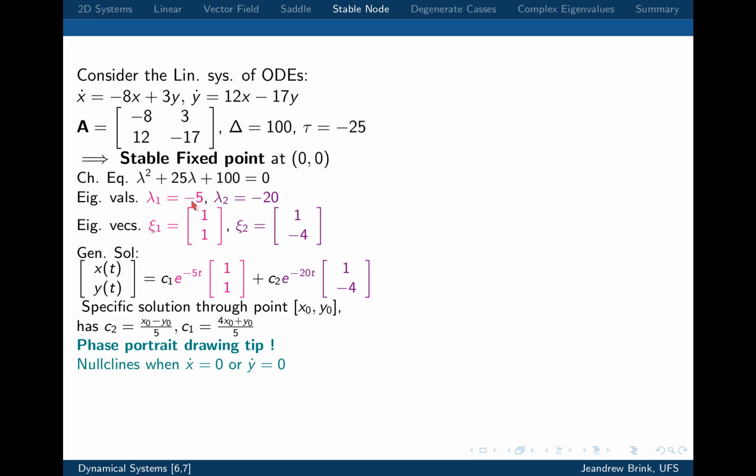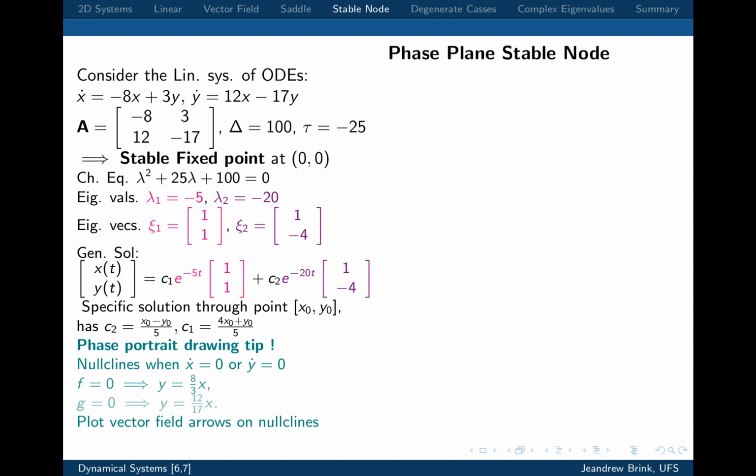And the same thing with y dot equal to 0, that's on y equals 12 over 17 x, and I draw in that line and then put the arrows on it. Okay, so those are the two null lines I've just mentioned, and I'm going to put the vector arrows on them.